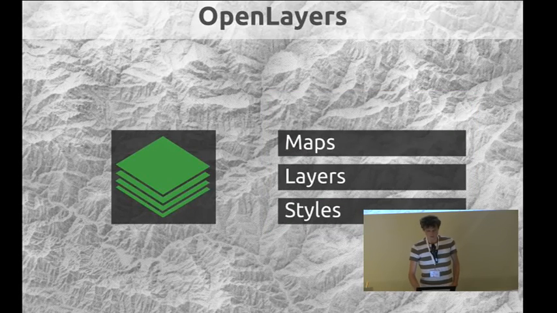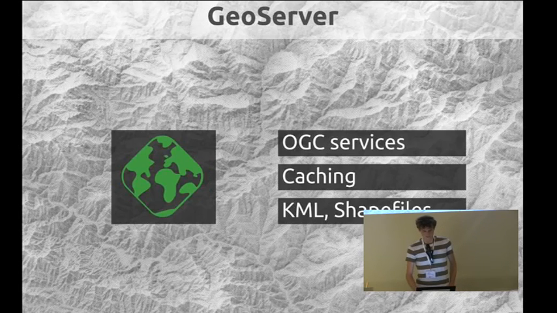It includes OpenLayers for maps, layers, and styles, and GeoServer to make OGC services available, to do some caching for fast maps, and also make the data available in different formats like KML, shapefiles, and all the other formats that GeoServer supports.